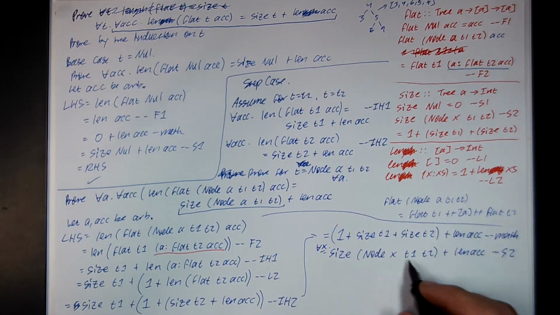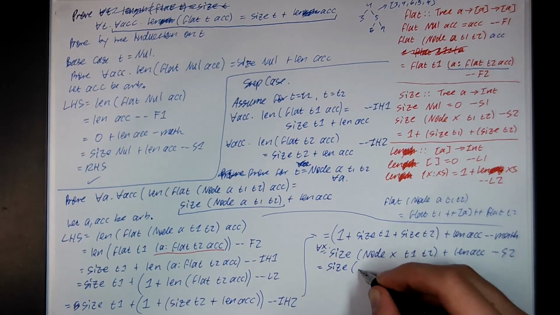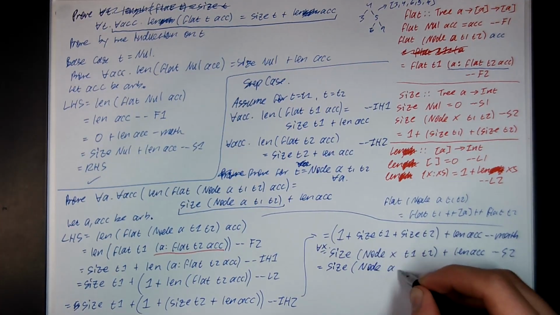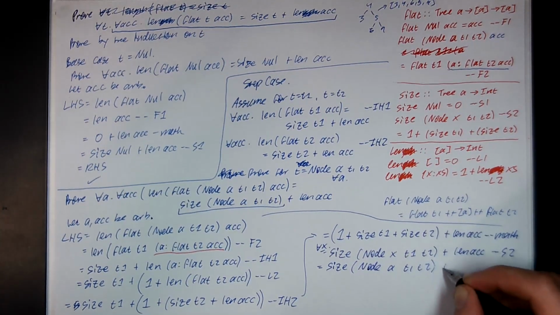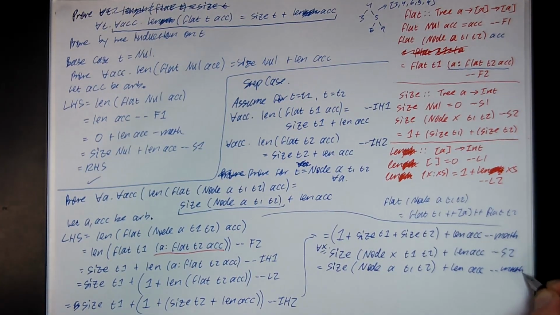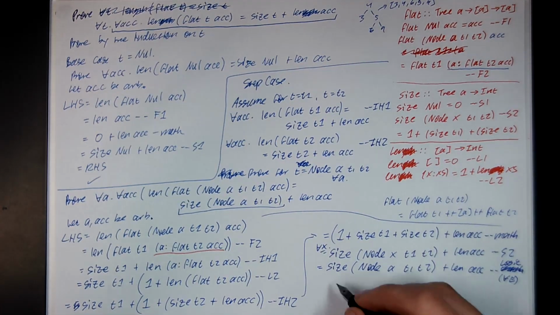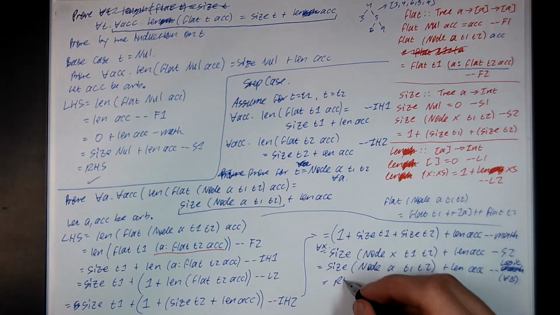And if this is true for any x, then it's true for any particular thing I can choose, so I'm going to choose A. Size node A T1, T2 plus len AC. By math, if you want to be pedantic, I guess for all elimination, but you don't really have to say that. You can say by math or by logic, perhaps. Yeah, by logic this is true. And this whole thing is equal to the right-hand side.